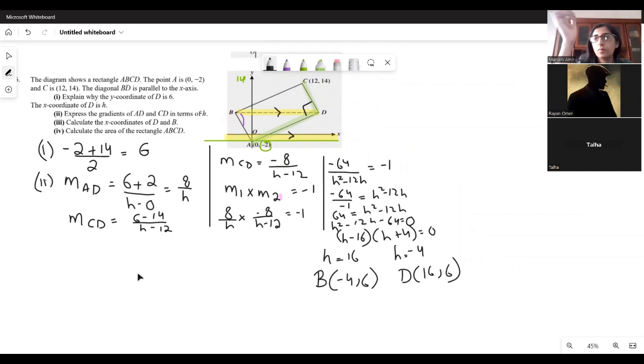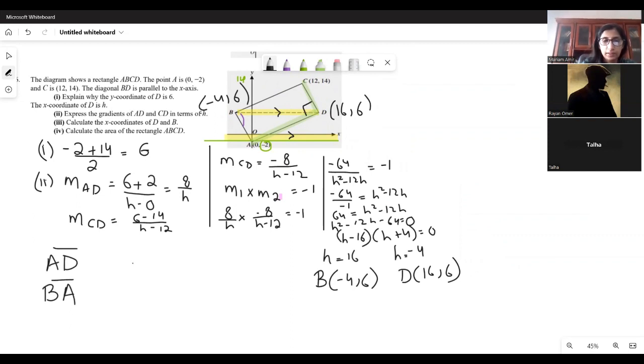You can use distance formula to find length and width and then multiply them. 16, 6 and -4, 6. So let's find the length AD and then find the length AB, and then we'll multiply length with width. So give me the length of AD.